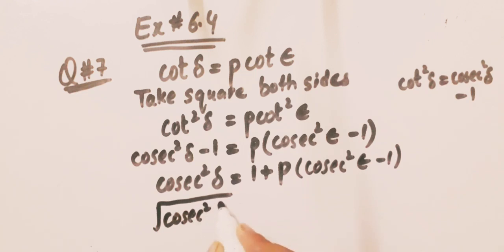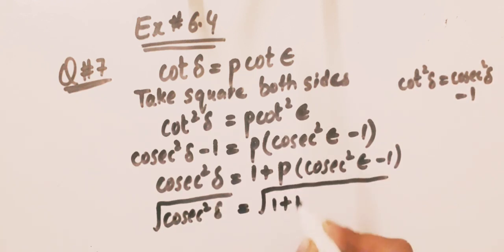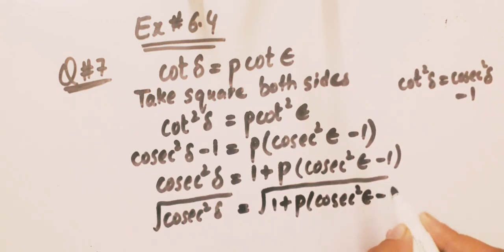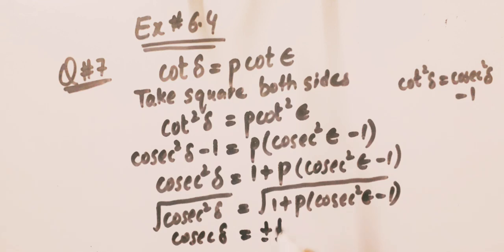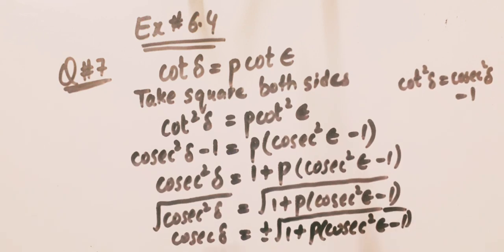So cosecant delta is equal to plus minus square root of 1 plus p into cosecant square epsilon minus 1. So this is the answer of this question.